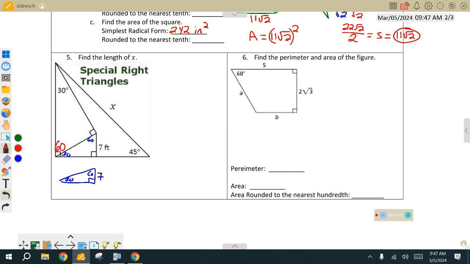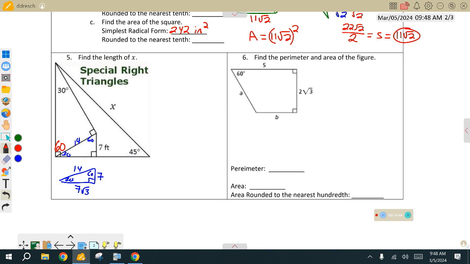Now, I'm going to go take that 7, as I saw a lot of your papers, fill it out. If that's 30 and 7, what's that going to be here? 7 root 3. And then that's the hypotenuse, which is 14, right? Okay, throw that back to the big picture. Now what happens here is that 7 root 3 I don't think really is helpful for us. But this 14 takes me to that big old 30-60-90 triangle, which is nice.